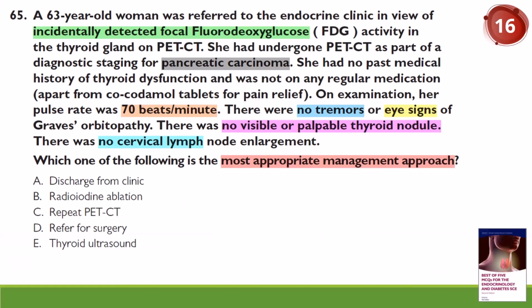The patient's heart rate is normal with no tremor, no eye signs, no visible or palpable thyroid nodule, but the PET scan showed a focal thyroid lesion, no cervical lymph node. Which one of the following is the most appropriate management approach? Discharge from clinic, radioiodine ablation, repeat PET CT, refer for surgery, or thyroid sonography? What is the best option?